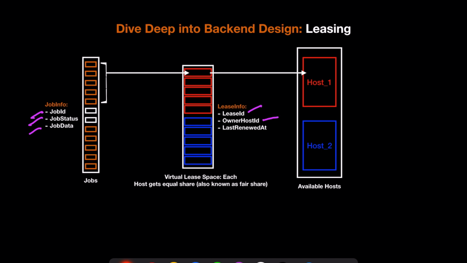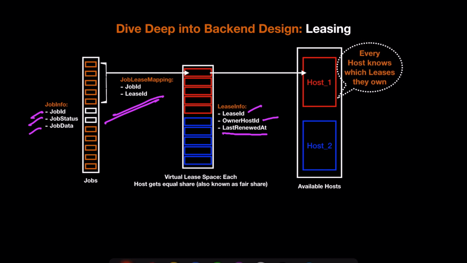That means which host actually owns this lease. And we also have another value, last renewed at. We will talk about this a little bit later. We need that for renewing our leases. And we also maintain a mapping of our job ID versus lease ID here.